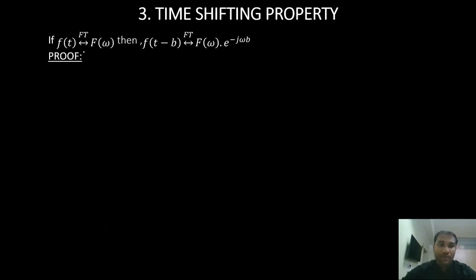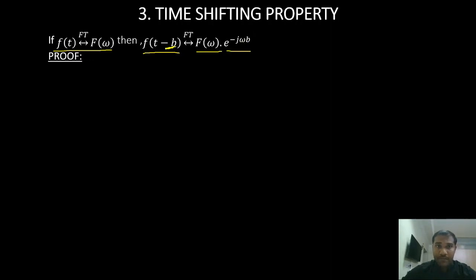Time shifting property. If f(t) has a Fourier transform F(ω), then a time shift in the time domain signal has a Fourier transform F(ω) times e^(-jωb).